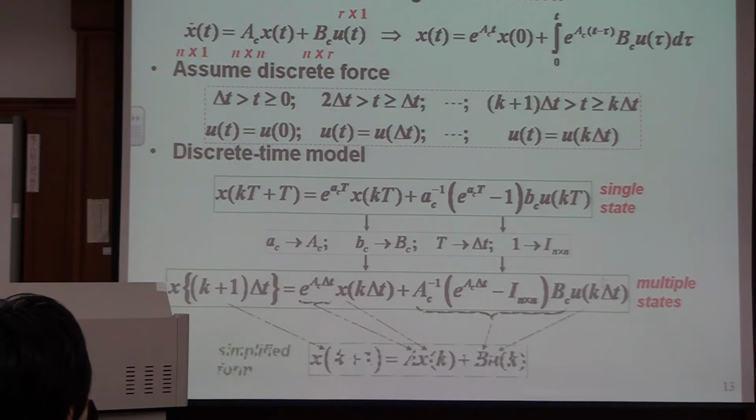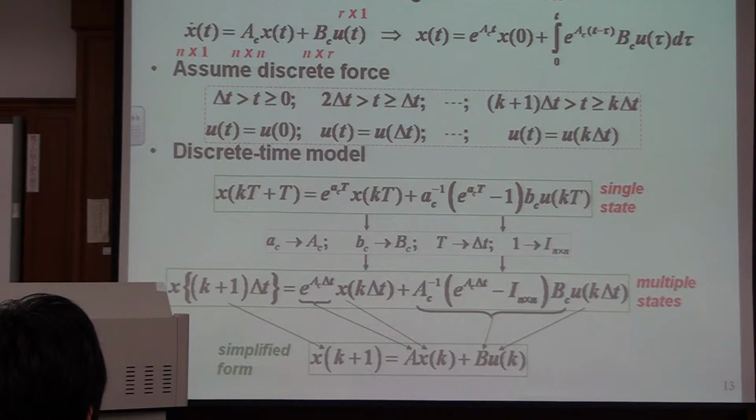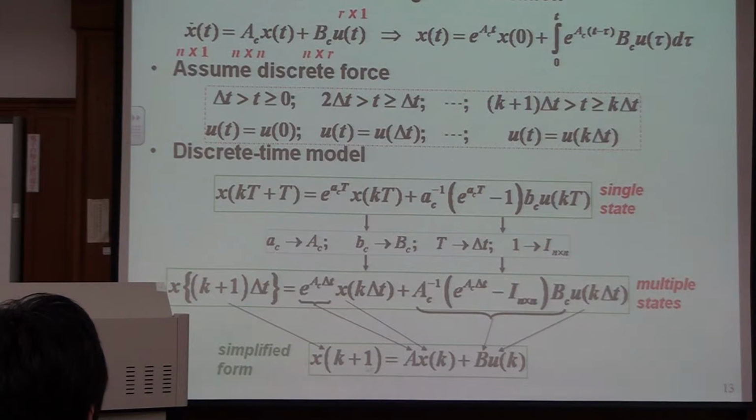And then if we simplify the form, ignore this delta T, because we know it's delta T. Then that's the common way to write the discrete time model: x(k+1) equals A x(k) plus B u(k), just like what I wrote for the continuous time model, but that is the x dot.